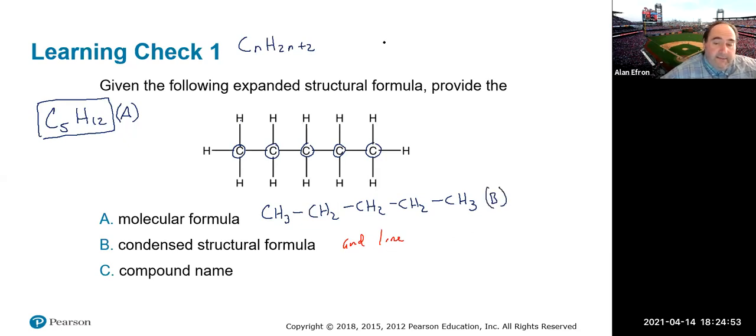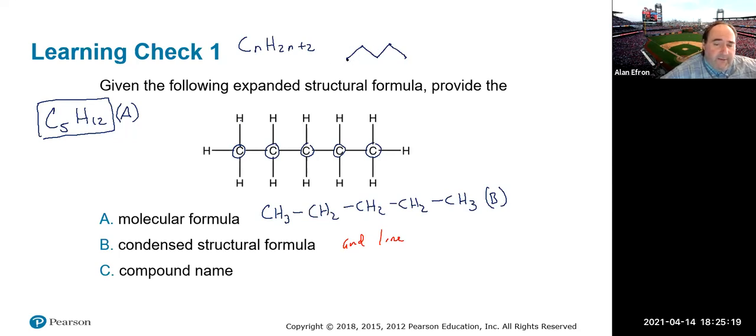Line formula is really just lines. We just need to get 1, 2, 3, 4, 5. And again, it's just going to be a zigzag move. So we're going to go up, down, up. If you're not sure, you can just count. That's 1, 2, 3, 4, which means I need to come down one more time for 5. And that is 1, 2, 3, 4, 5. That represents 5 carbons. And again, we don't draw the hydrogens on this.